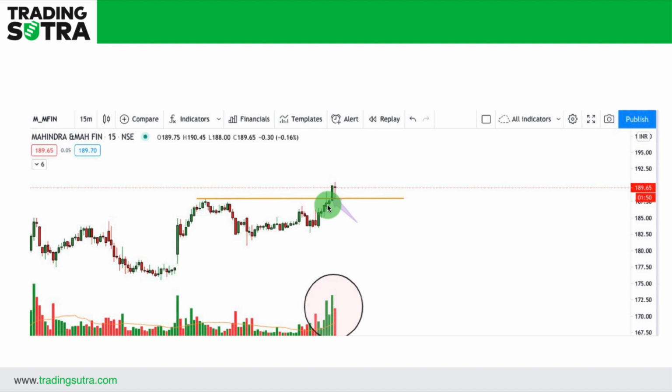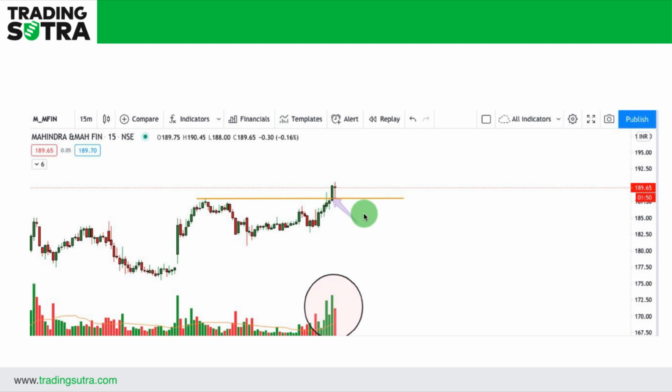And look at this, within the next few candles we got a closing above the resistance. The very next candle has not given a closing, but after that we had a closing above this resistance line. So we got volume, and this candle also has confirmed that this resistance is acting as a support. Here we got another confirmation of polarity reversal. What is polarity reversal?